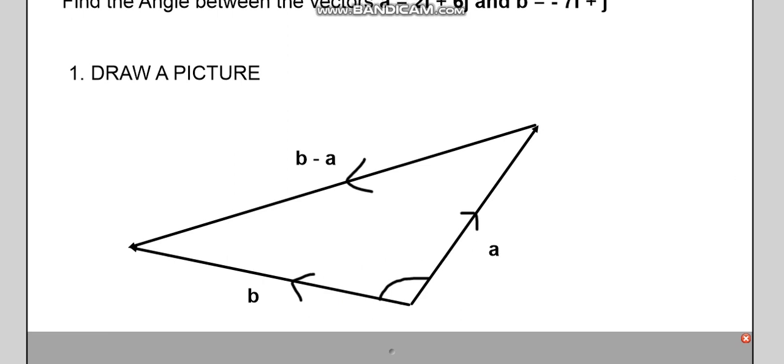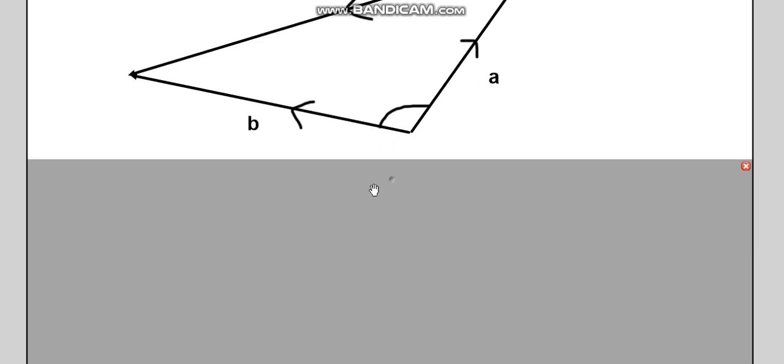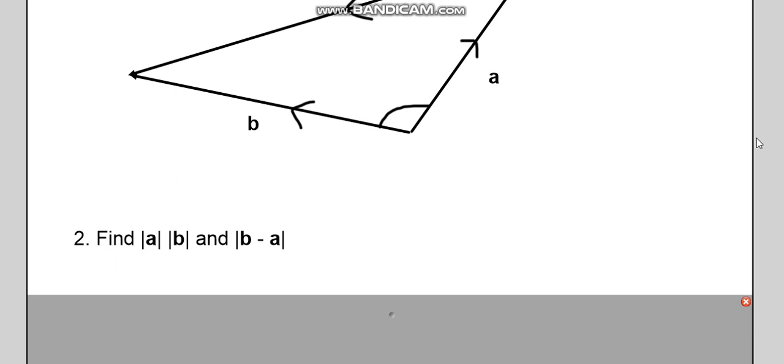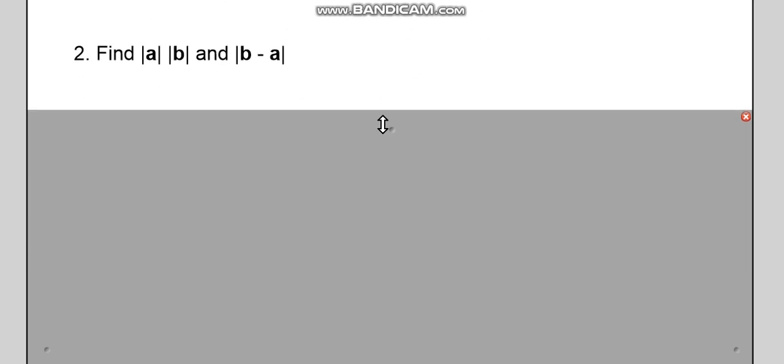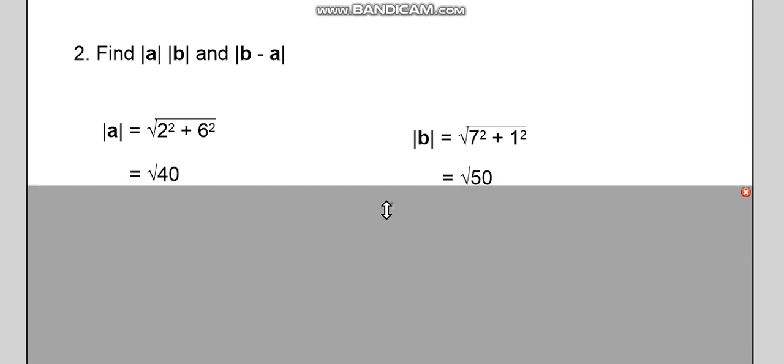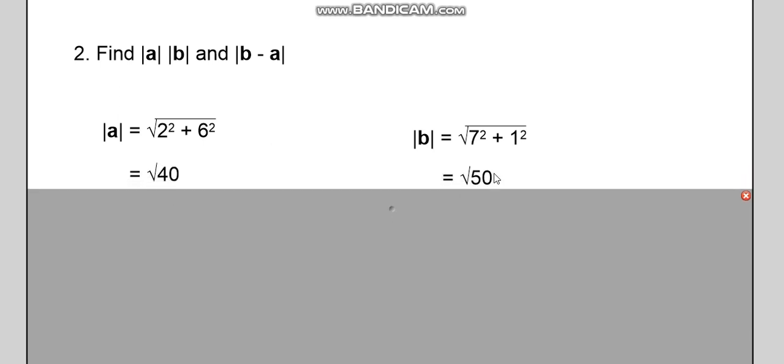Okay, so using Pythagoras, you should get that vector A is the square root of 2 squared plus 6 squared, and vector B is the square root of 7 squared plus 1 squared, which gives you root 40 and root 50 respectively. Okay, so that's those two.